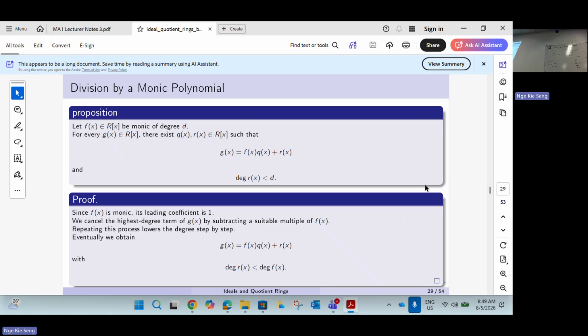So we can write this form, and the degree of r(x) must be less than d, less than the divisor. Otherwise, we can do further factorization and get less than d.